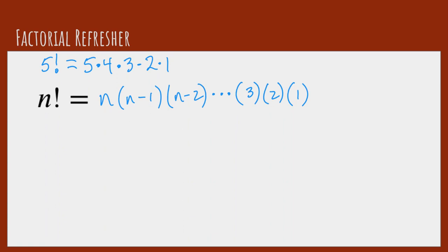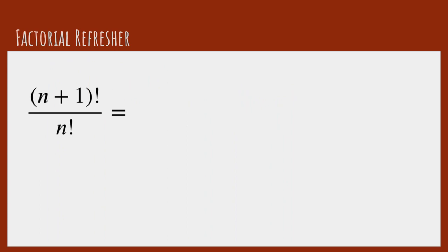So that's pretty straightforward. But then we're going to start seeing expressions with factorials in them. If we want to simplify some expression that has a factorial in it, we have to know how they interact with each other. So n factorial we know is n times n minus 1 times n minus 2 and so on.